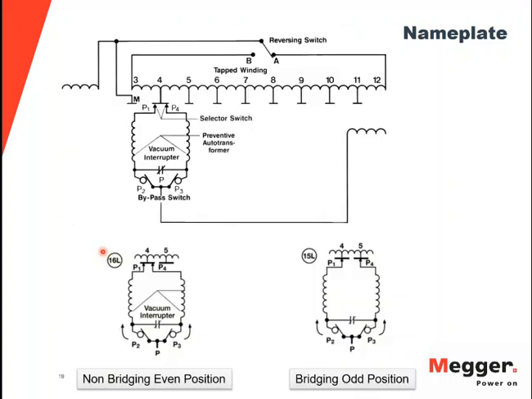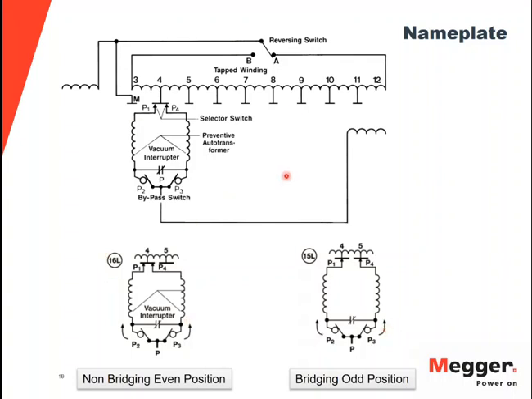In some other cases, you might run into reactive type tap changers. And in those ones, in addition to the reversing switch, you also have a preventive auto. And the advantage of having a preventive auto is that you can operate the tap changer in the bridging position as well as non-bridging position, as you can see in the pictures here.